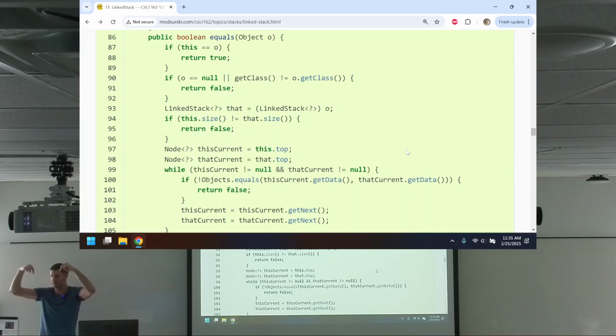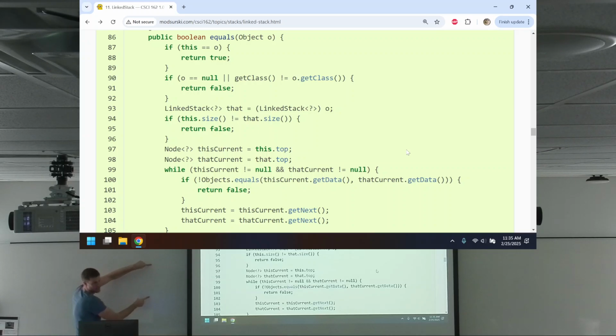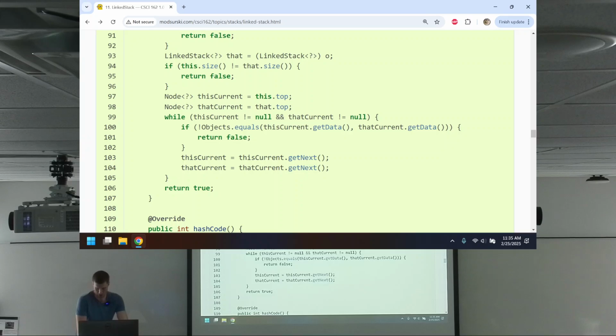We'll call these the iterator ones, the ones that start at the front and move down the two stacks, link structures in coordinated fashion, this for this, that for that, and check that they're all equal. You'll notice here, we check that current is not null and that other current is not null. Kind of unnecessary.